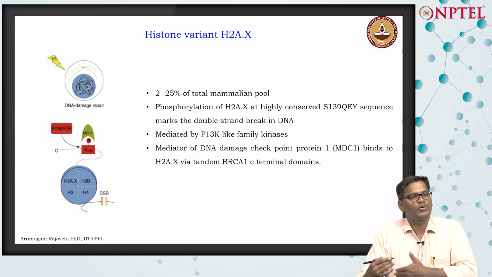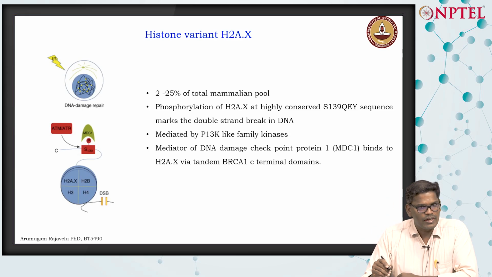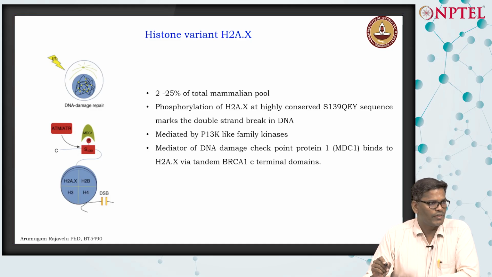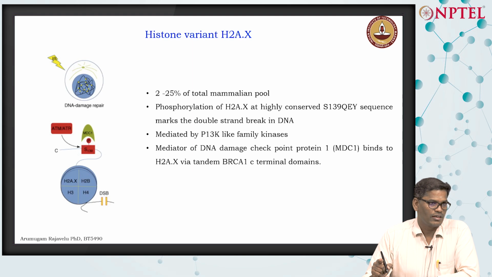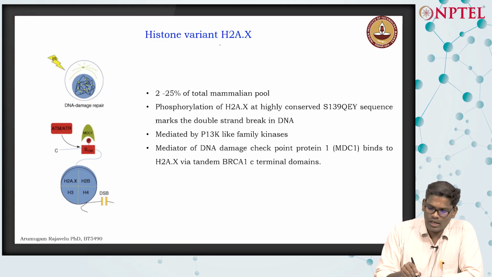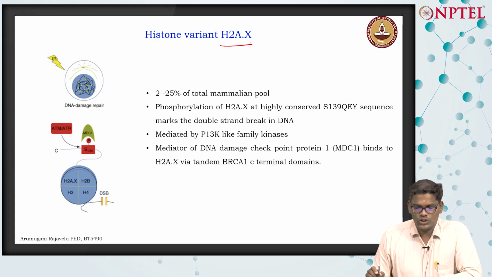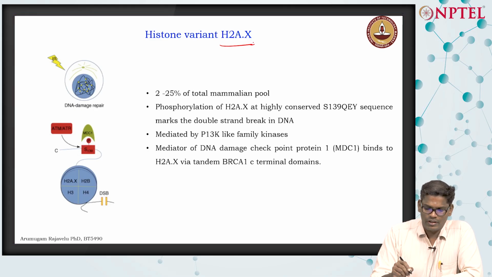So I explained histone H3.3 very briefly, and then the CENP-A variant, which is for centromeric regions, and also explained H2A.Z, and also macro H2A. So these are the variants I explained. Another important variant is H2A.X. It's a very important variant, very unique.